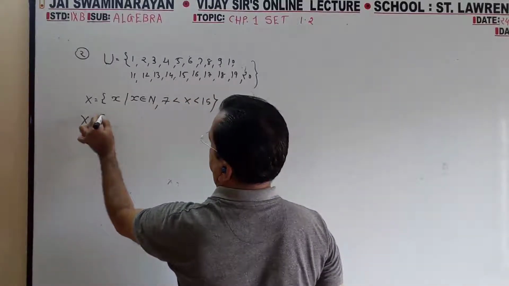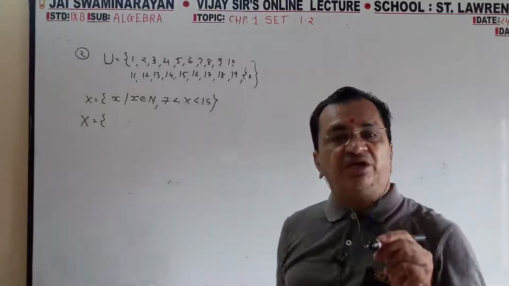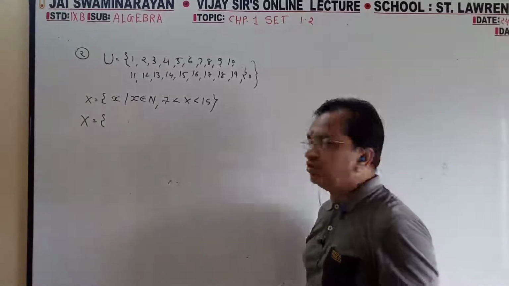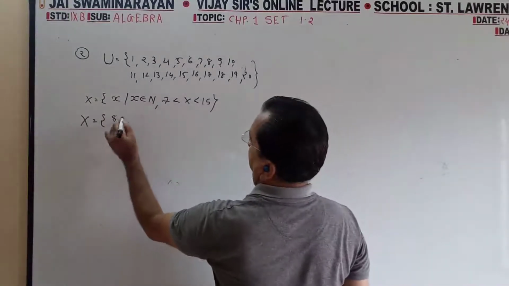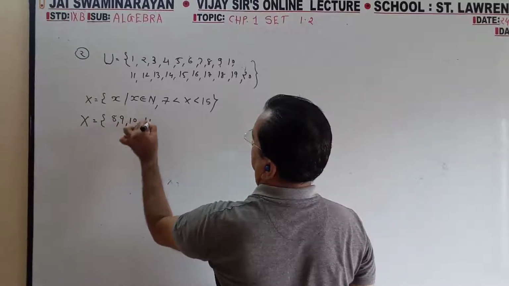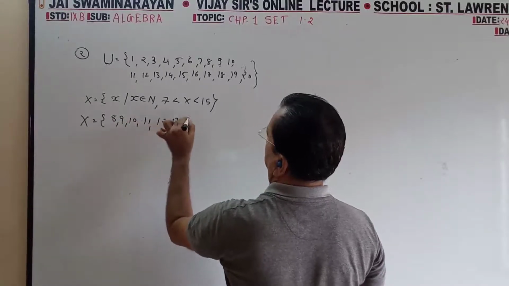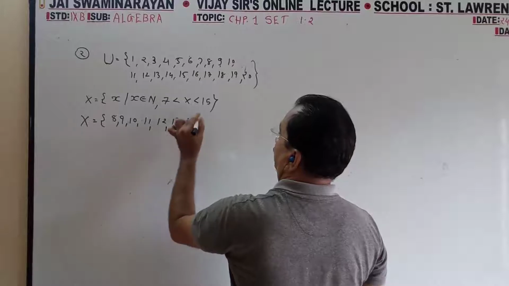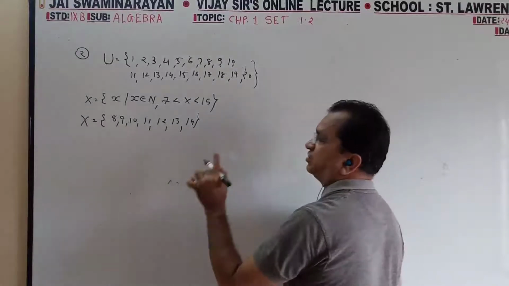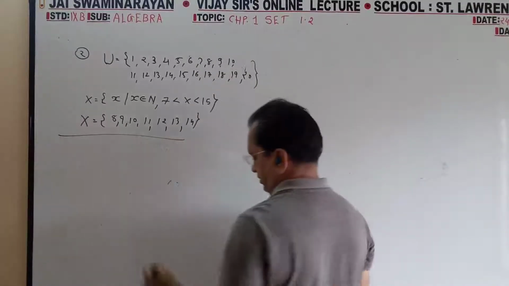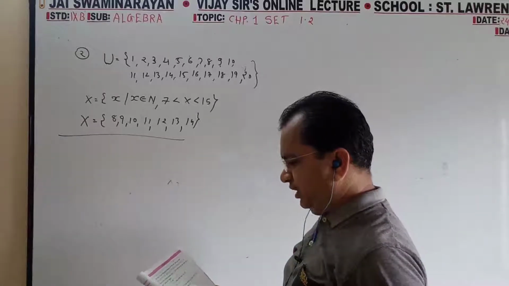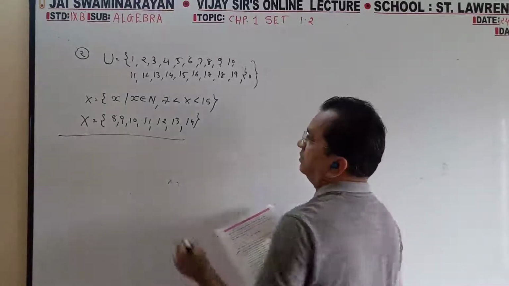So x is in between 7 and 15: 8, 9, 10, 11, 12, 13, 14. 15 is not there, 7 is not there. Remember, we will show this in the Venn diagram.